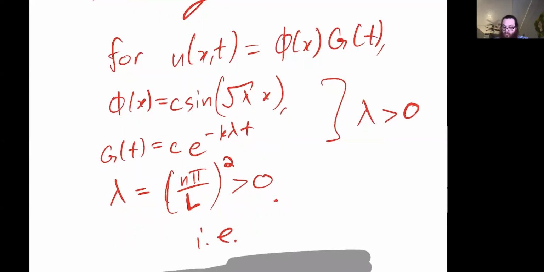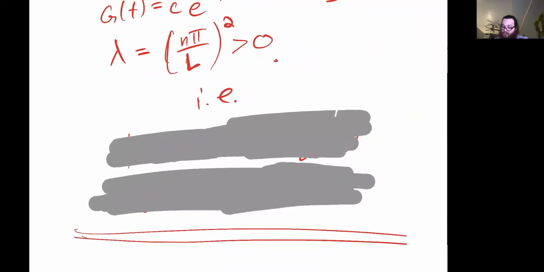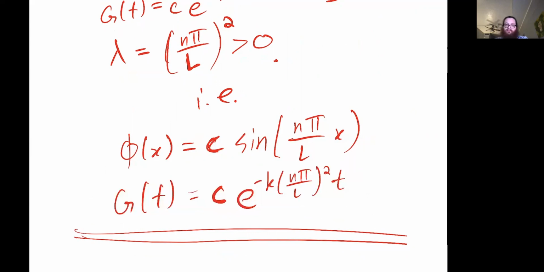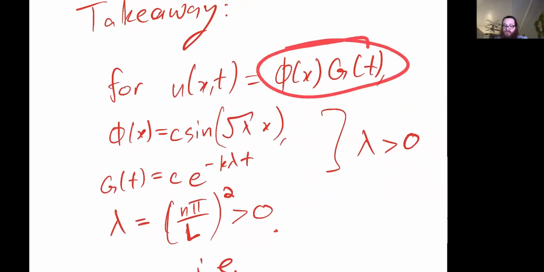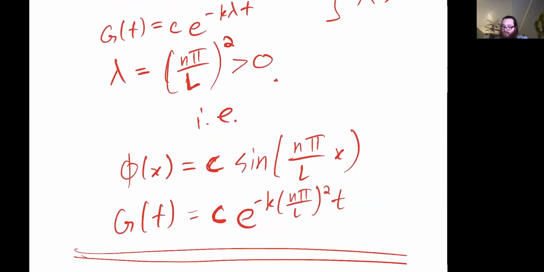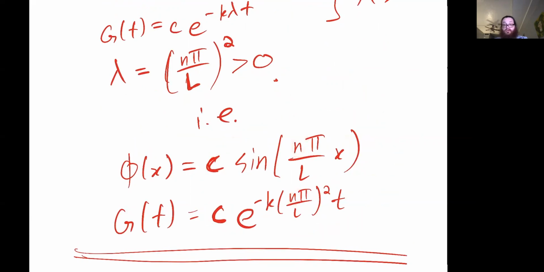And so in particular, we have a bunch of choices for lambda, and therefore we have a bunch of options for phi and g that depend on n. Plugging in for lambda, we get that phi looks like that, and g looks like that. The point is, if we're looking for a separated solution, the pieces are going to look like this, and we're going to have one free parameter that we can choose, n.